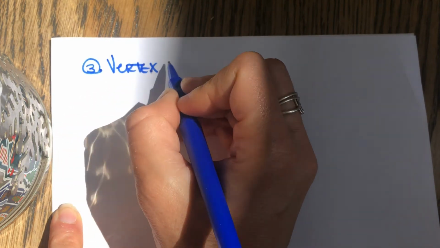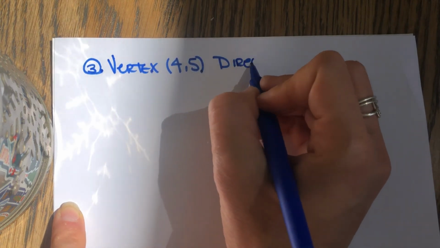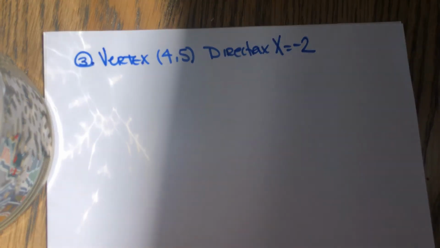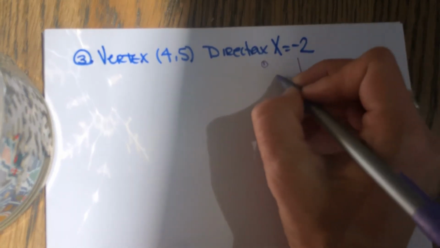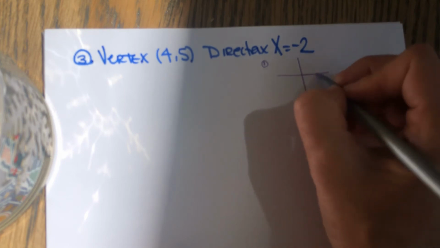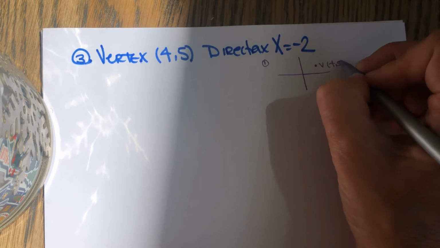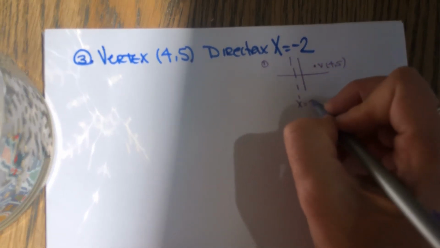The vertex is (4, 5), directrix x equals negative 2. All right, same steps. So let's reiterate a third time. Hopefully the fourth time will be a charm. First step is we sketch. So we have the vertex (4, 5) and the directrix x equals negative 2. Make sure you're going the right way.